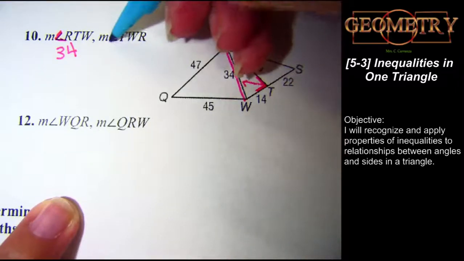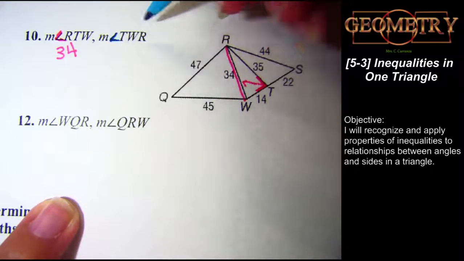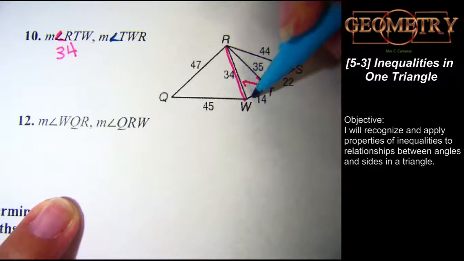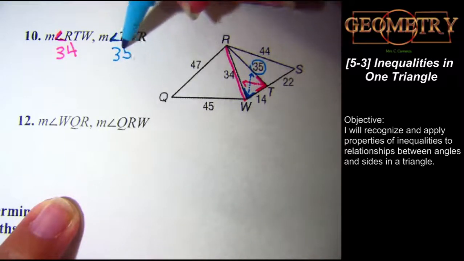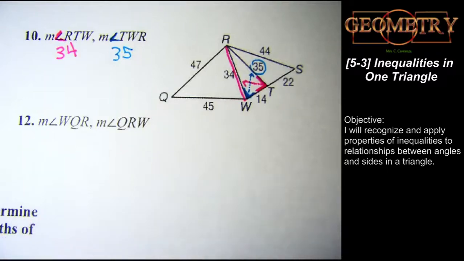The next angle is angle TWR. TWR, that's this angle right here. And across from that angle is a side that measures 35. Those are not the measures of the angles. Those are the measures of the sides related to those angles.